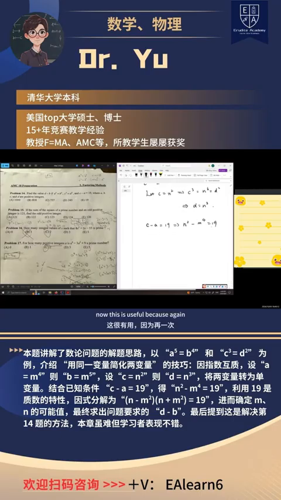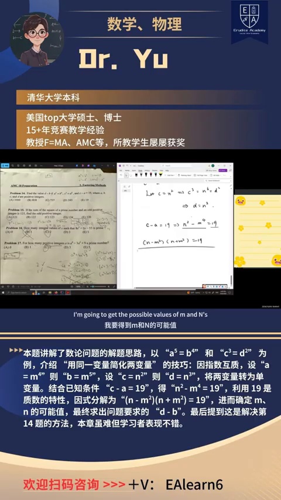This is useful because 19 is not very common and has very limited factoring. As a matter of fact, 1 times 19, that's it, because 19 is a prime number. Therefore, what's in the front is factorizable. We can factor it. Then we have (n minus m squared)(n plus m squared) equals 19.